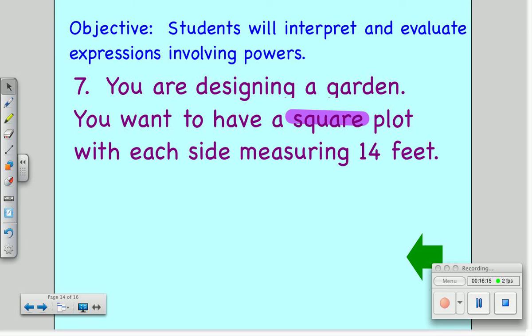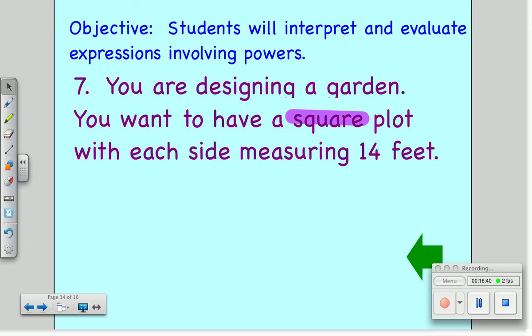Now, that word square has multiple meanings in math though, doesn't it? It could also be to the second power. That also means squared. Finding the area also means squared. So, the area of this is going to be 14 squared.